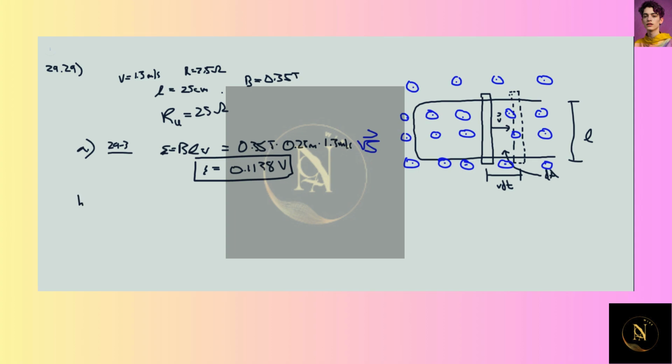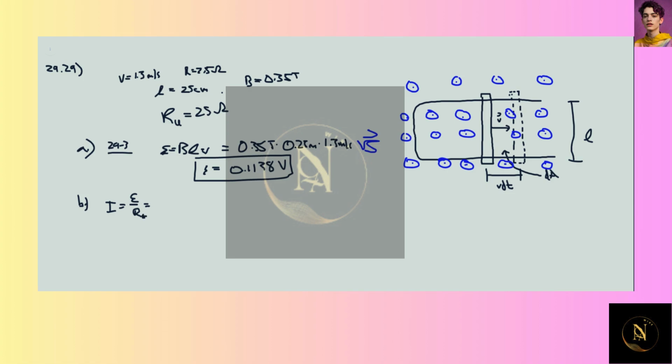Let's move on to part B. It asks for the current in the U-shaped conductor. If this is the induced EMF, then we can use Ohm's law to find the current as just the EMF over the resistance. We have to use the total resistance here, and since the U-shaped conductor and the rod are in series, we can just add them.